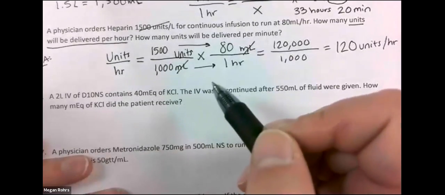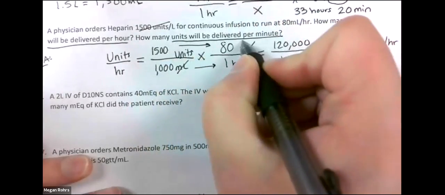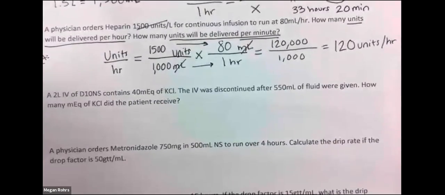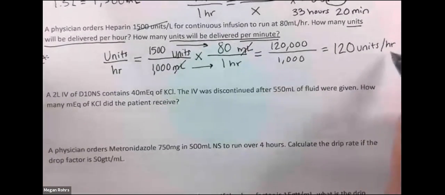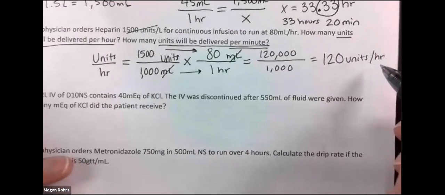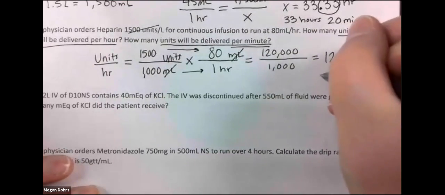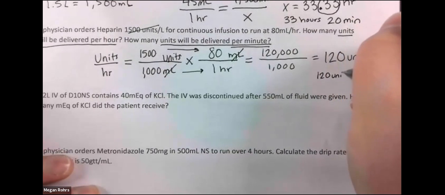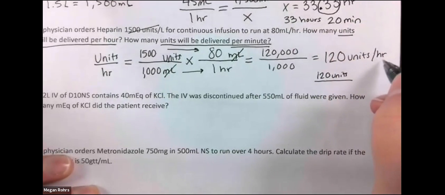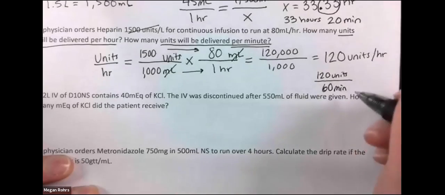Now, the next question says, how many units will be delivered per minute? Well, sorry about that. I already have my units per hour, right? And we know that 1 hour is 60 minutes. So I could use ratio and proportion here. I know that there are 120 units running in 1 hour, which is the same thing as 60 minutes.